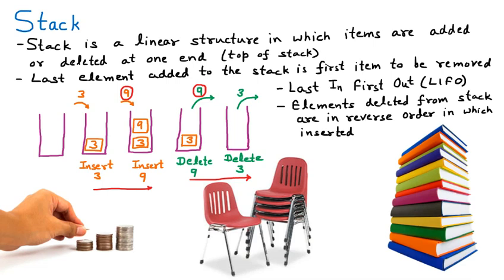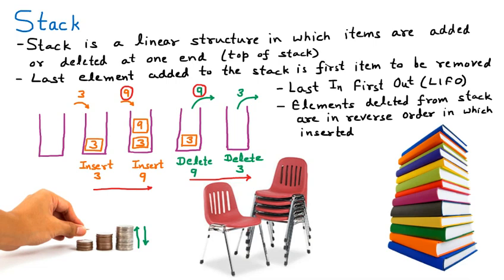So this is stack. Stack is last in first out, which is popularly named as LIFO data structure, and all the examples which are shown in the figures are of stack. Just like if we see the coins, whenever we insert the coins, obviously we place them one over another. But whenever we take out a coin, we go from top to down. We never take out the bottom coin first.